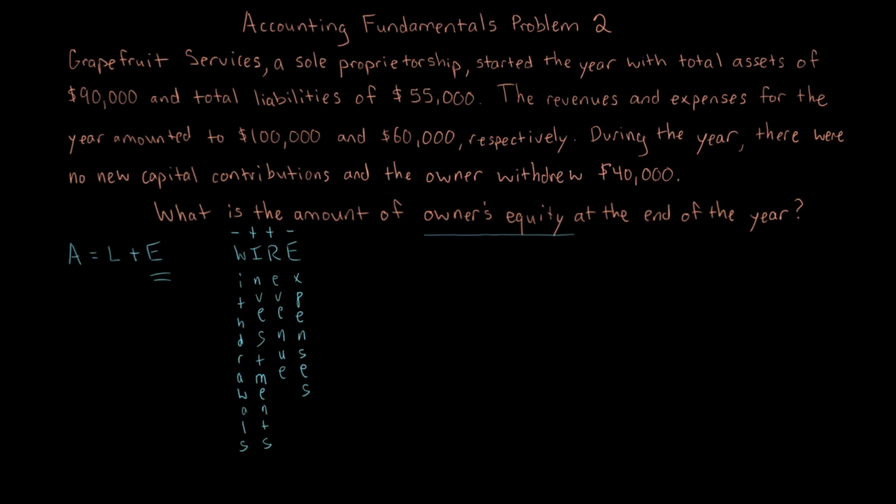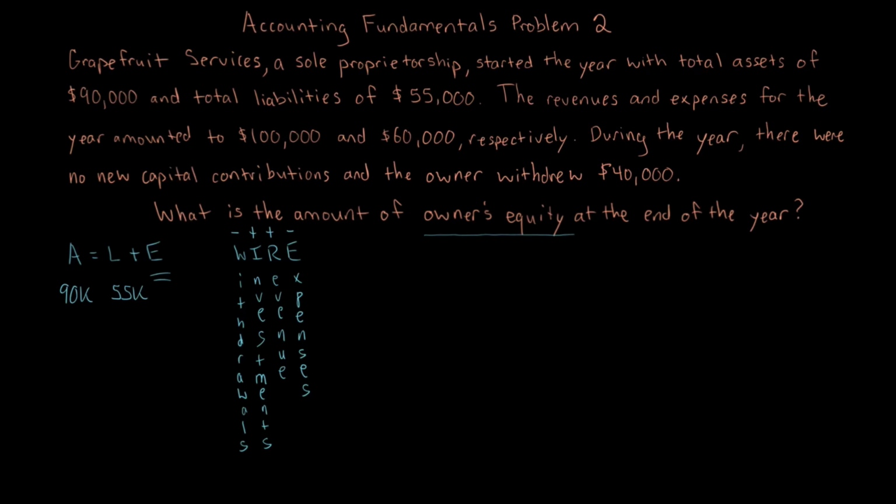So let's look at this question. We have Grapefruit Services, a sole proprietorship, starts off the year with total assets of $90,000 and total liabilities of $55,000. So right there, looking at our accounting equation, we know that assets equals $90,000, liabilities $55,000. So we can solve for the beginning. This is the beginning of the year.